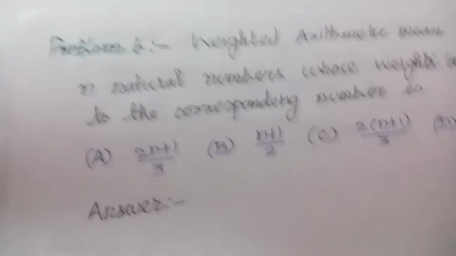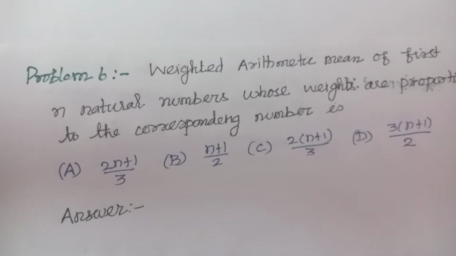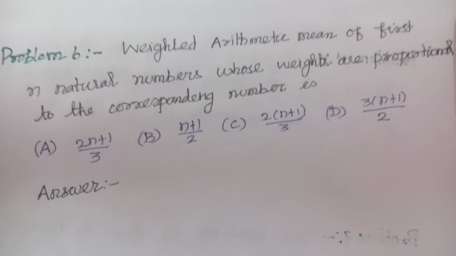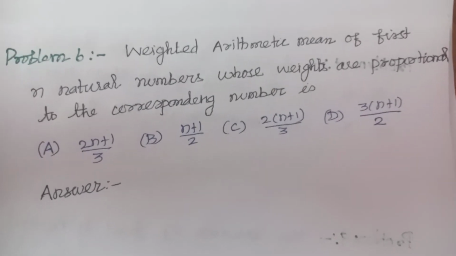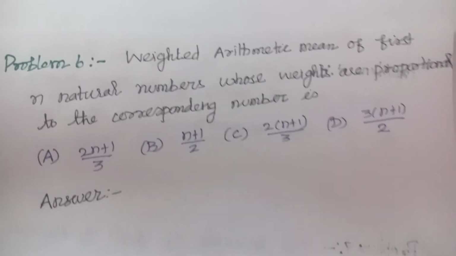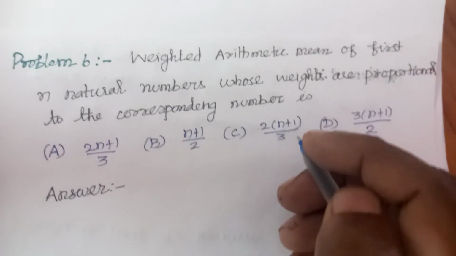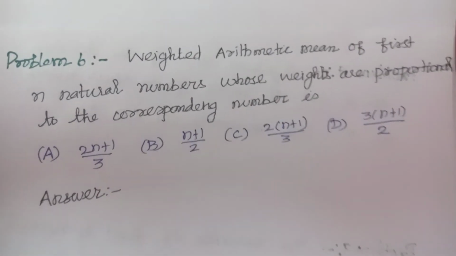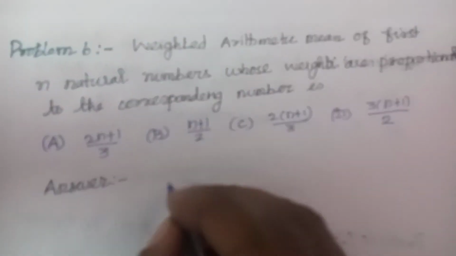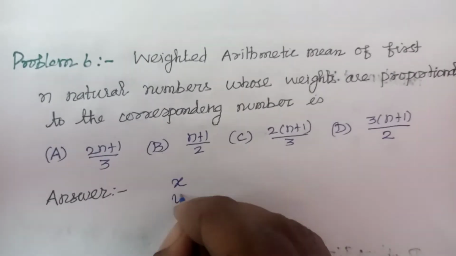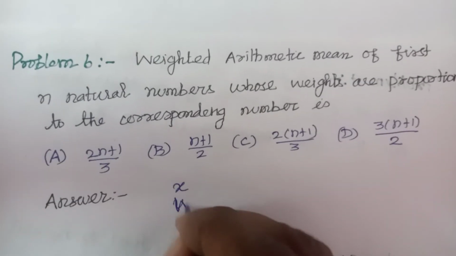Problem number 6. Weighted arithmetic mean of the first n natural numbers whose weights are proportional to the corresponding numbers. That is weighted arithmetic mean. We know the formula for weighted arithmetic mean. What is the basic concept? X and W, weights, are given.